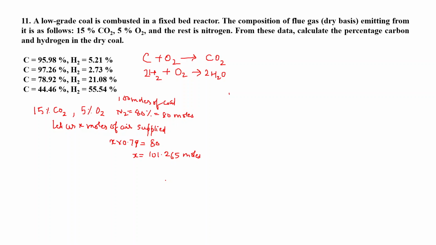These are the moles of air supplied, and these are the moles of nitrogen supplied. The moles of oxygen supplied can be found from the moles of air supplied times 0.21, which is 21.265 moles.